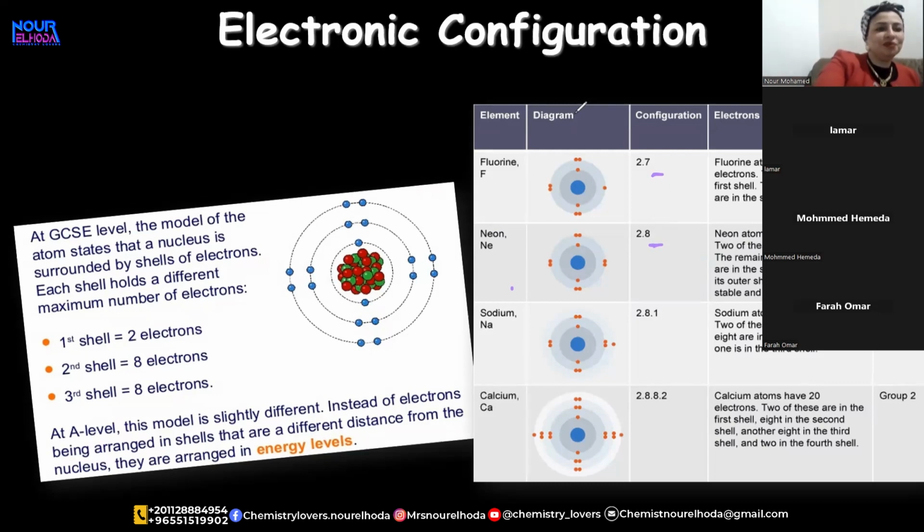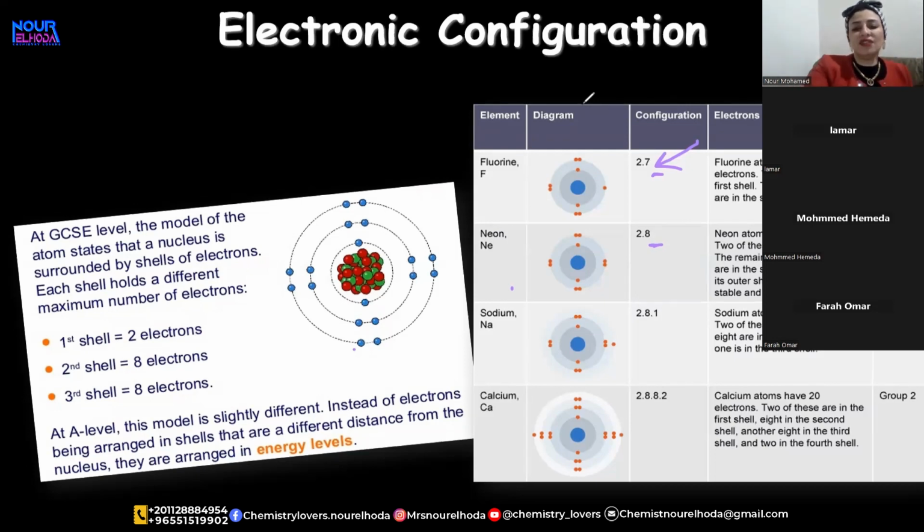Let's continue. So let's return back to our question. If I need to know where this element is in the periodic table, where is neon, where is fluorine, whatever the element is, I'm going to check the outer shell. If the outer shell has 7 electrons, this means I'm in group 7.